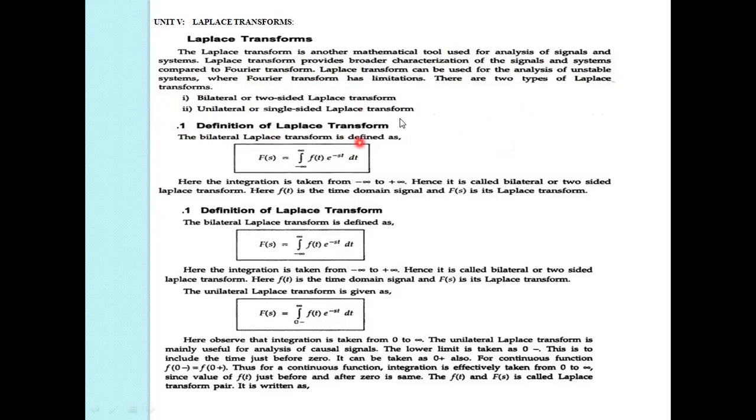And now the definition of the bilateral Laplace transformation. Till now, we learned the Fourier transformation: x of k is the Fourier series, x of omega is the Fourier transformation.